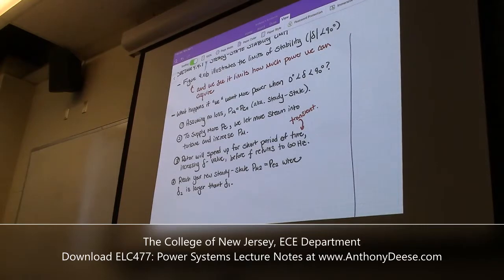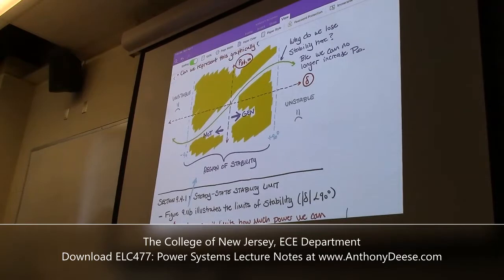The rotor will speed up for a short period of time, increasing the delta value before F returns to 60 Hertz. And we will reach our new steady state, which we can call PM2, where delta 2 is larger than delta 1. Again, because our rotor speeds up for a small period of time, the delta will increase.